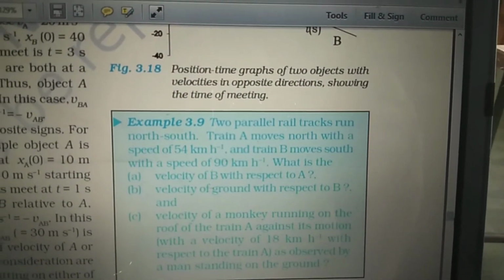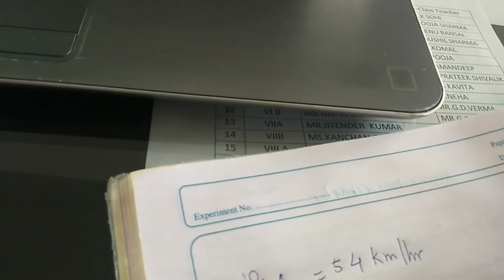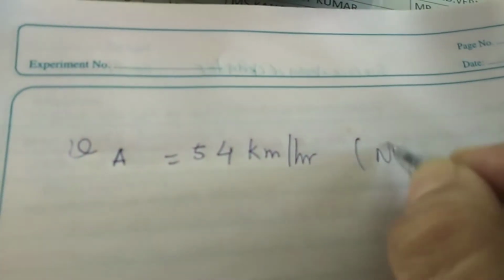So here two trains are there whose velocities are, let's write, velocity of train A is 54 km per hour towards north.